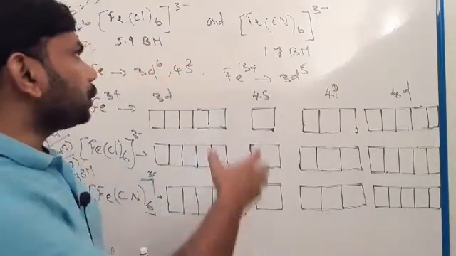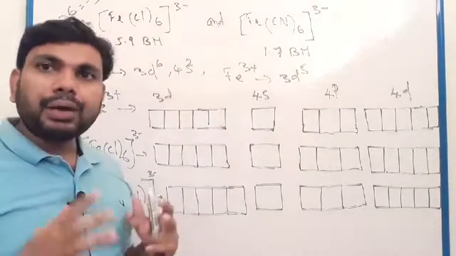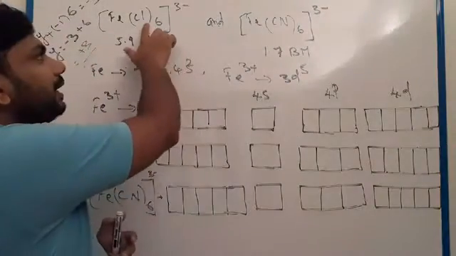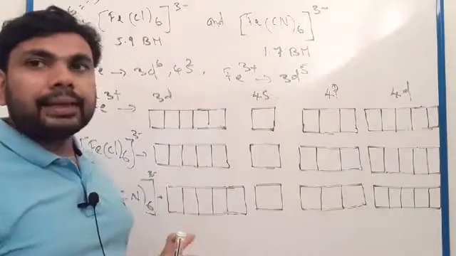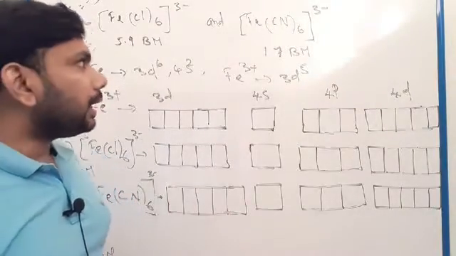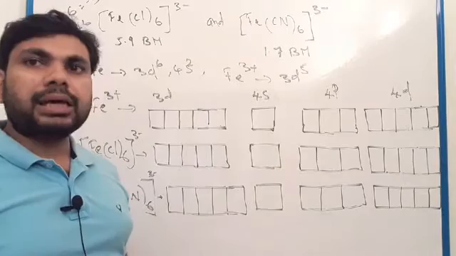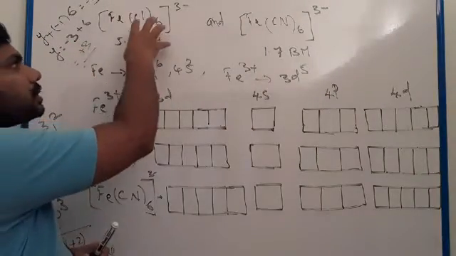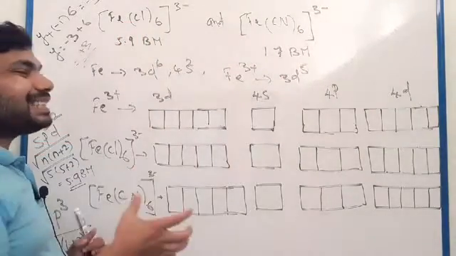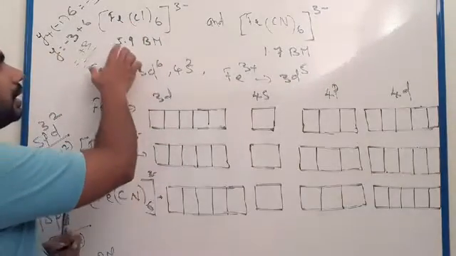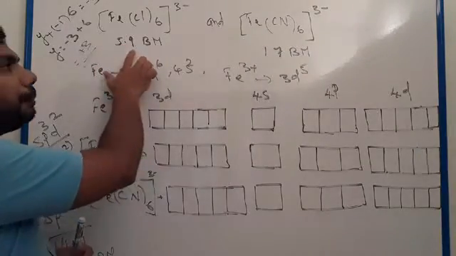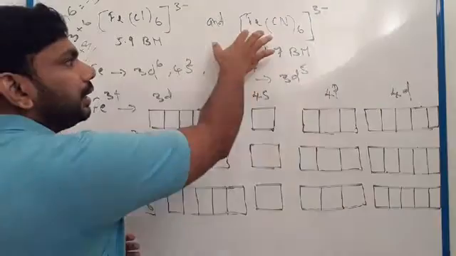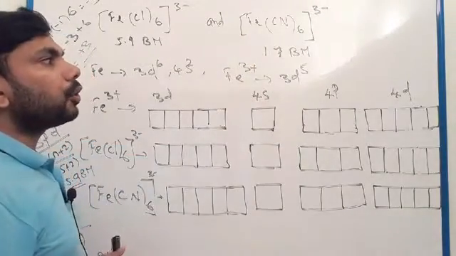Okay. So the question says you have two different coordination compounds, one with the Cl ligand and another with the CN ligand, and both contain the same central metal atom. But in the first coordination compound the magnetic moment of iron is 5.9 Bohr magneton, and in the second it is 1.7 Bohr magneton.